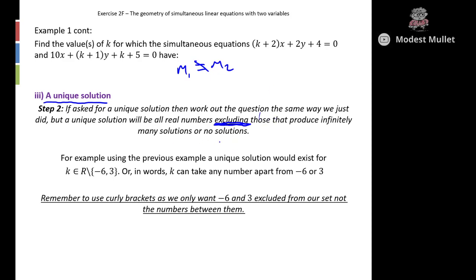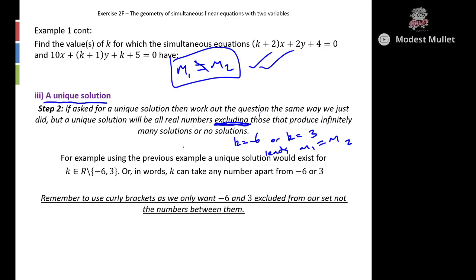We found out before, k equals -6 or k equals 3 leads to m1 equals m2, any other number apart from that will lead to this, which is what we want.